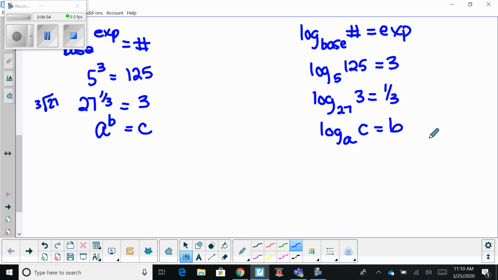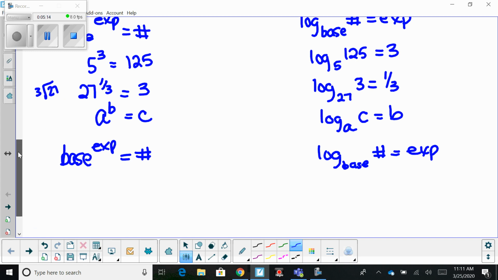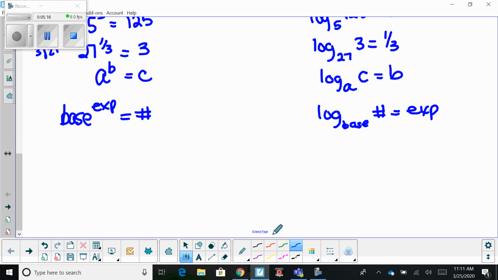A lot of times people will think about there's a little spiral kind of action, let's say. The base raised to the exponent equals the number. The log of the base of the number equals the exponent. If you're trying to switch something in exponential form into log form, it goes this direction.